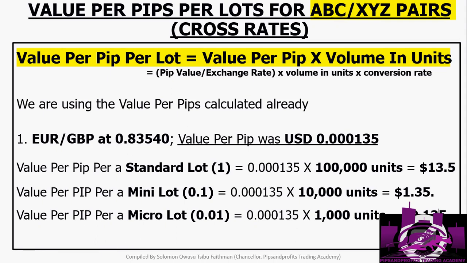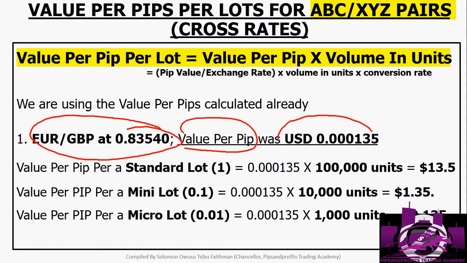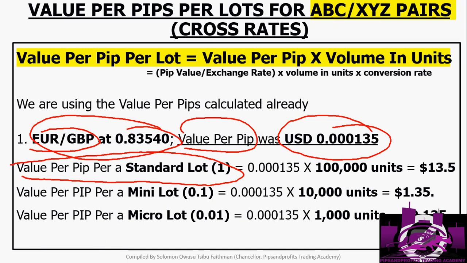So for Euro GBP, as we did when we calculated the value per pip, we had this particular value, that is 0.00135 US dollar. Now, value per pip per standard lot of Euro GBP. You multiply your value per pip by the standard volume in unit, and you are going to get $13.5.